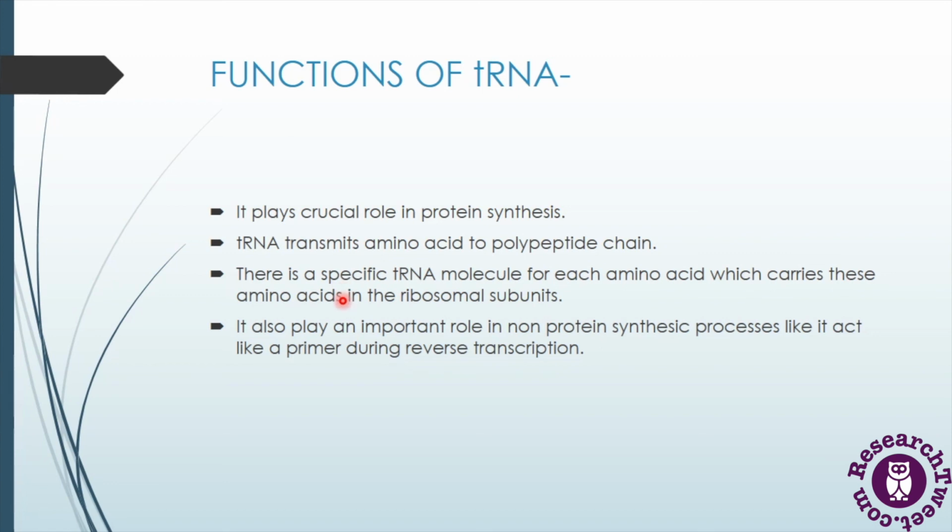With recent studies, it is known that in reverse transcription, the tRNA molecule acts as a primer, and according to these studies, the enzyme reverse transcriptase has a strong affinity to bind to this primer. Besides all these major functions performed by transfer RNA, there are several examples where tRNA acts like an enzyme inhibitor, like it acts as a potent inhibitor for E. coli endonuclease. So these are the major roles or functions played by the transfer RNA within the cell.